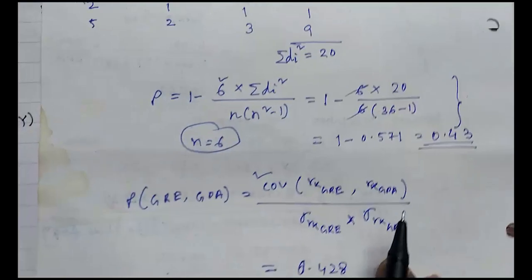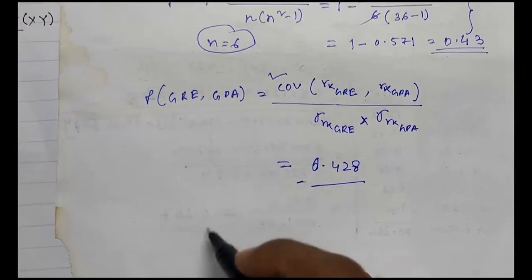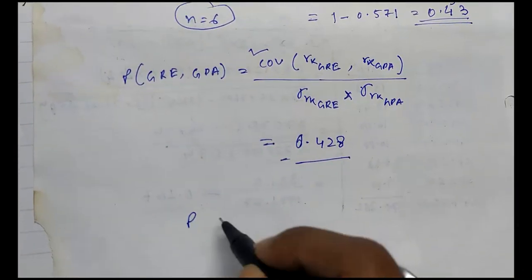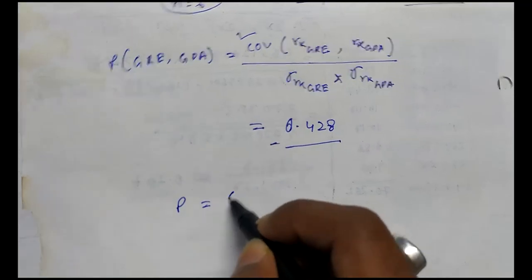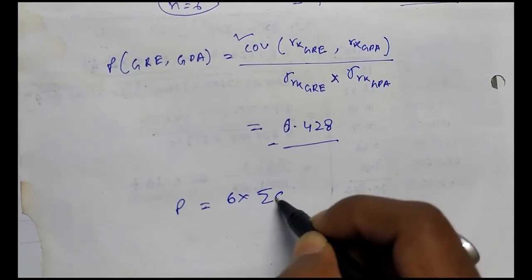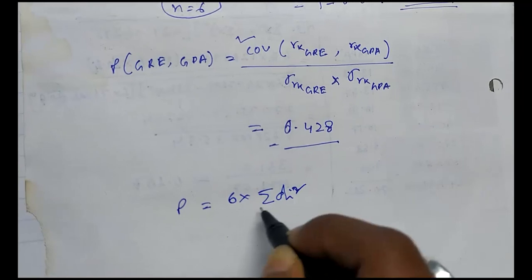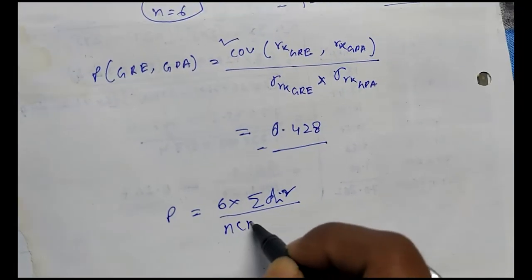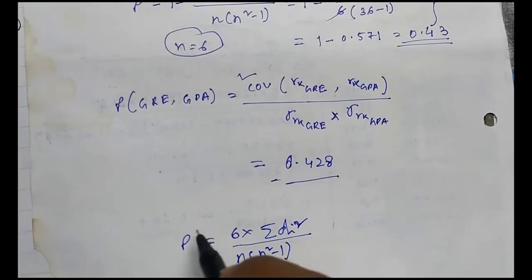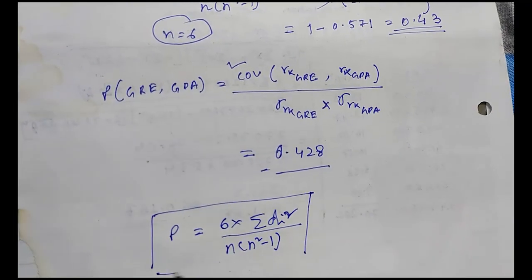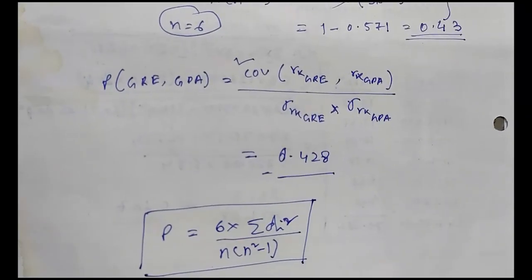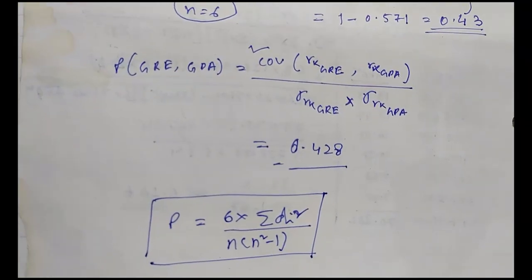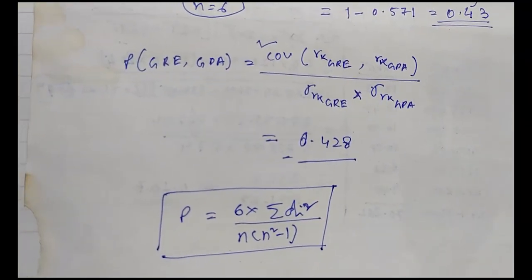That is the formula, I can write it down: rho is equal to 6 into sigma di square by n into n square minus 1. This is the easiest formula to find the Spearman rank correlation coefficient between two variables.